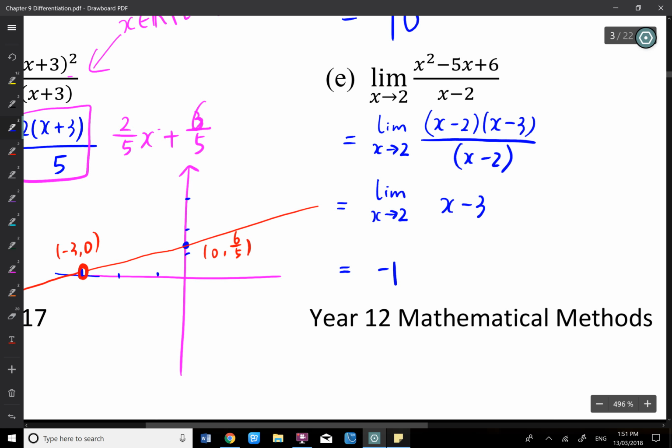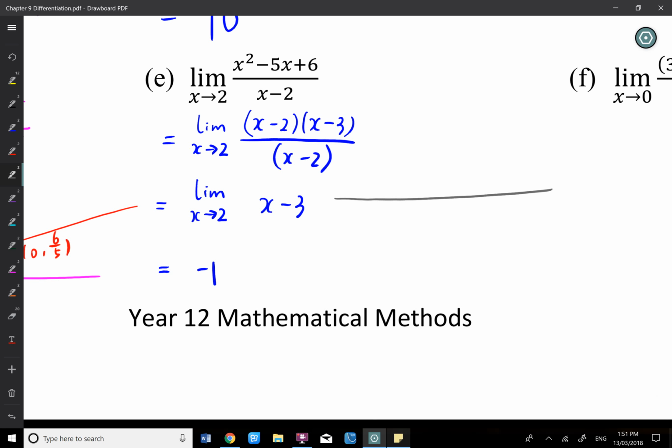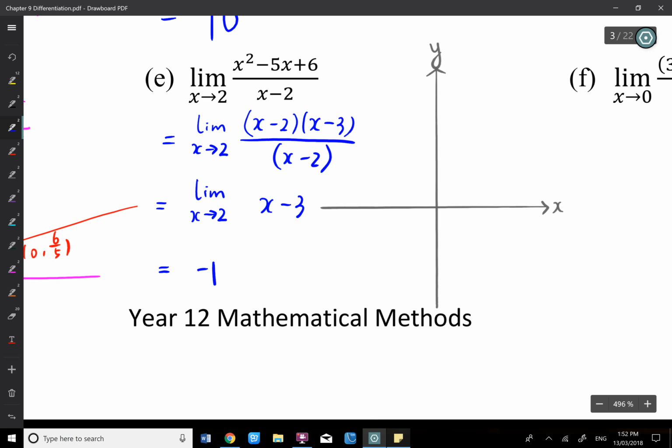Okay, -1. To sketch this graph, we will have (0, -3) and (3, 0).